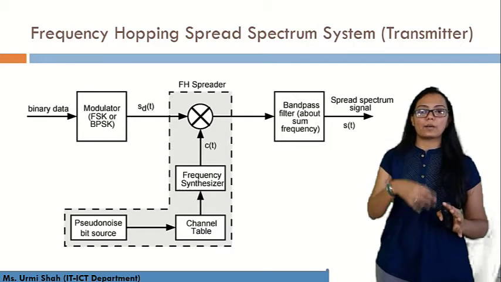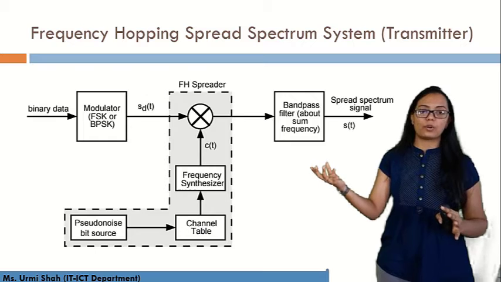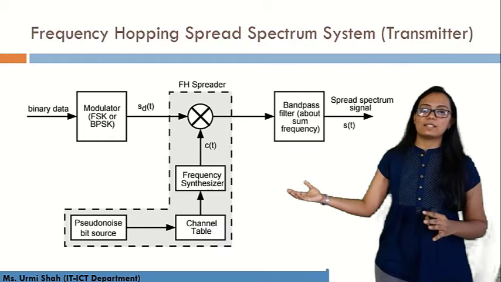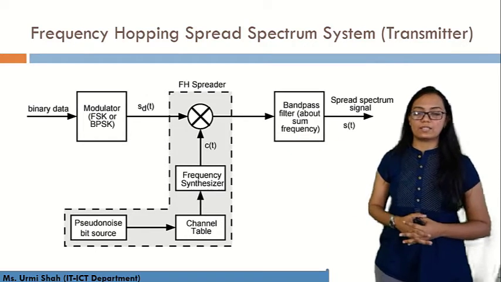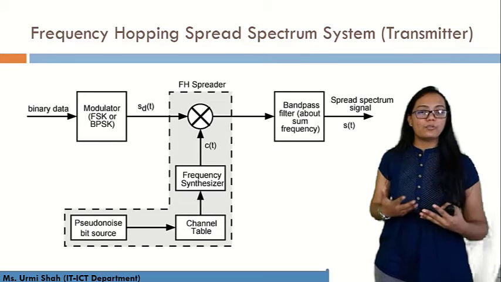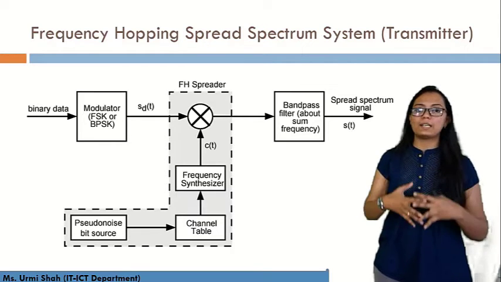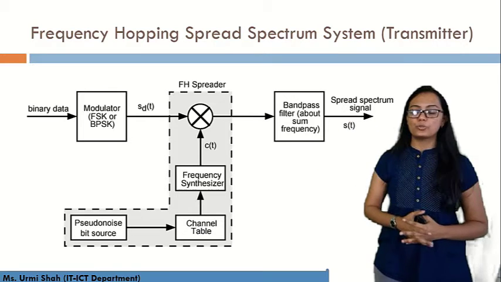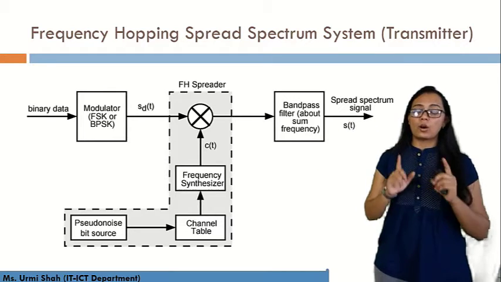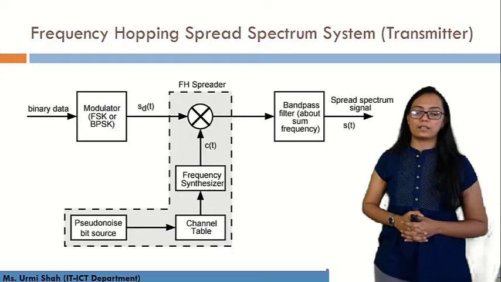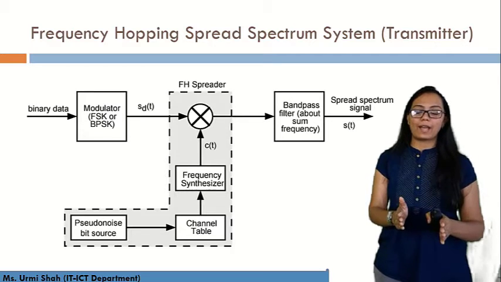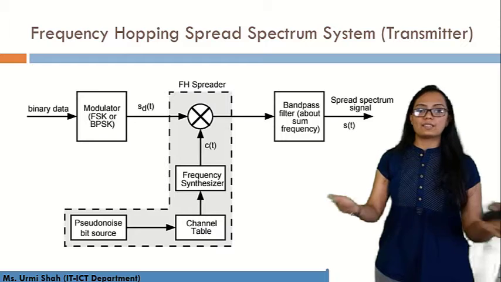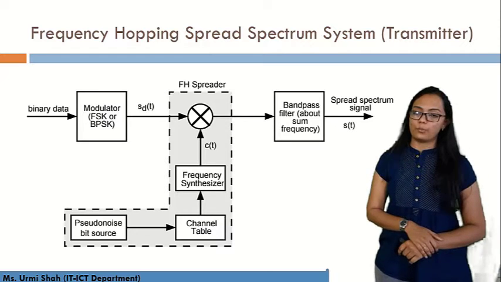It is going to mix the sequence coming from the modulator and the signal coming from the frequency synthesizer. After mixing these two signals, the result is processed further to a band pass filter. All of you know that a band pass filter passes a specific band of frequencies and blocks the rest.